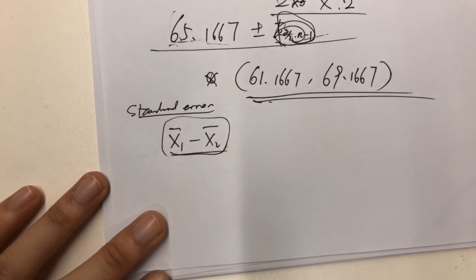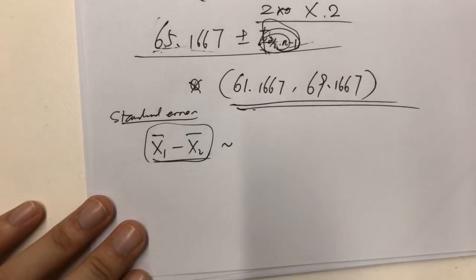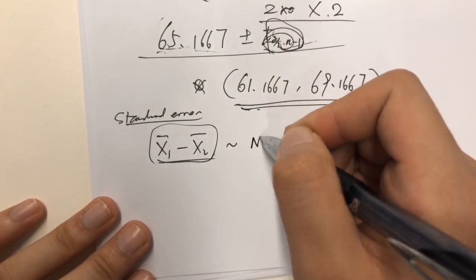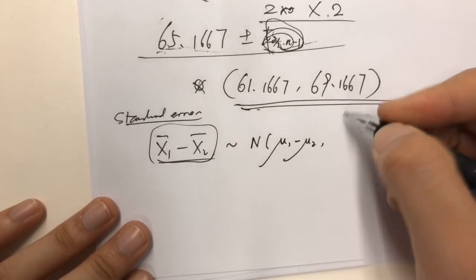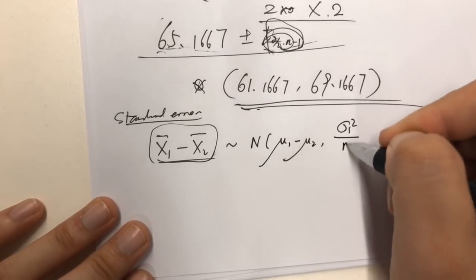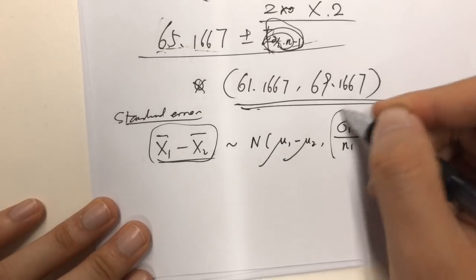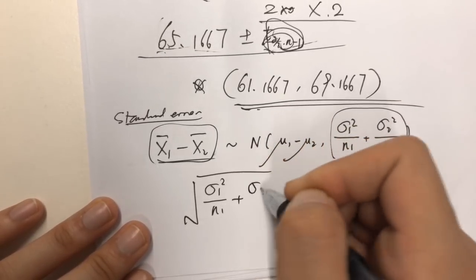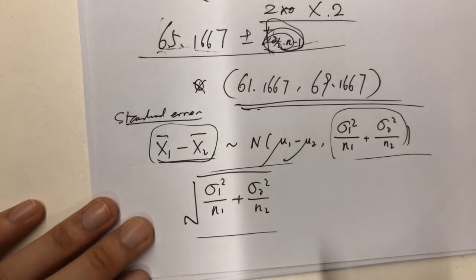They just want you to calculate the standard error. So you need to know how x1 bar minus x2 bar is distributed. Based on the central limit theorem, it's normally distributed with a mean of mu1 minus mu2 and variance of sigma 1 squared over n1 plus sigma 2 squared over n2. Therefore, the standard error should be the square root of sigma 1 squared over n1 plus sigma 2 squared over n2. So this is just a simple calculation, right?